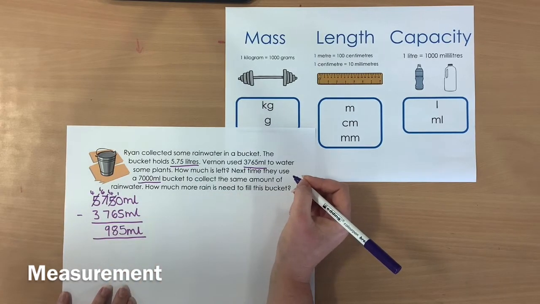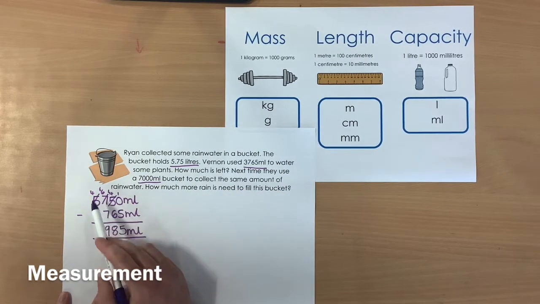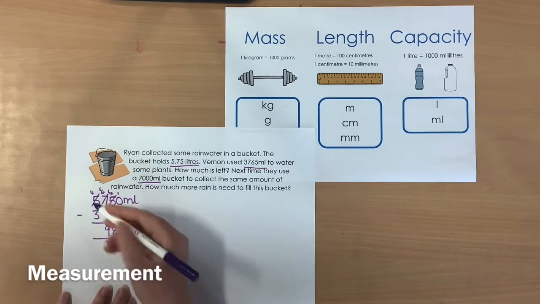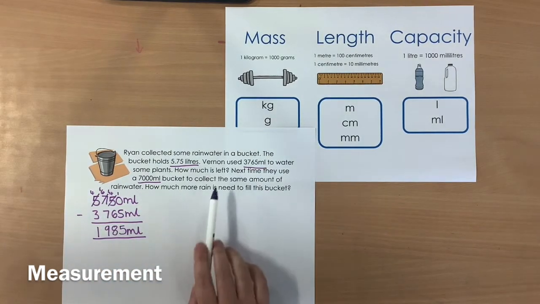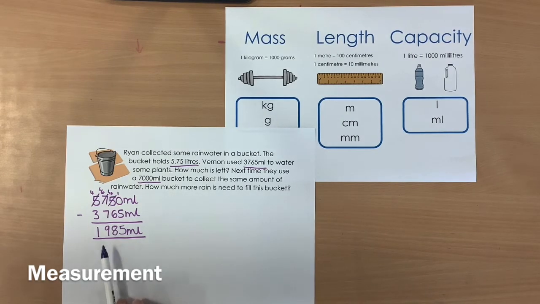And then 4,000 subtract 3,000 equals 1,000. Getting ahead of myself there. So how much is left? There is 1,985 millilitres left.